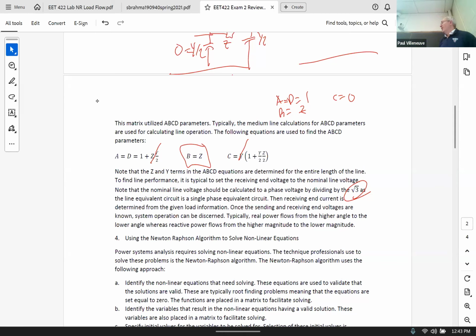And then once we did this, we saw, and hopefully you've been seeing it in your load flow solutions, that you can almost tell exactly where the power flow is based on looking at magnitudes and angles of the voltages. Real power flows from a higher angle to a lower angle, and reactive power flows from a higher magnitude to a lower magnitude.